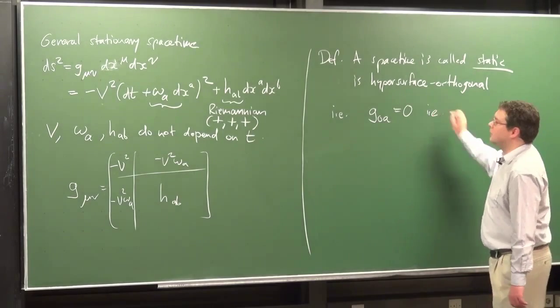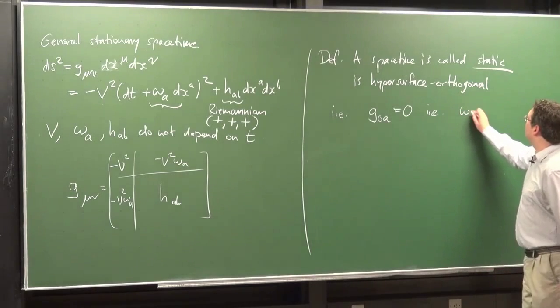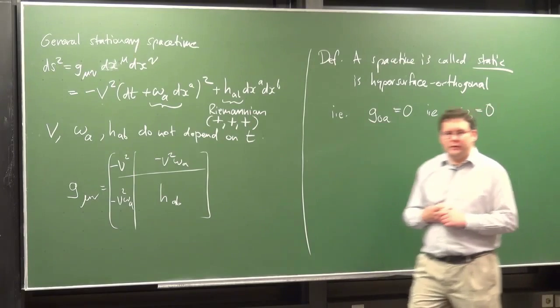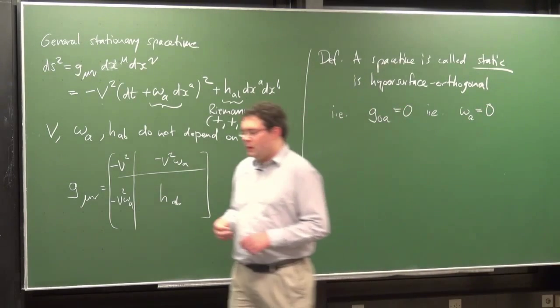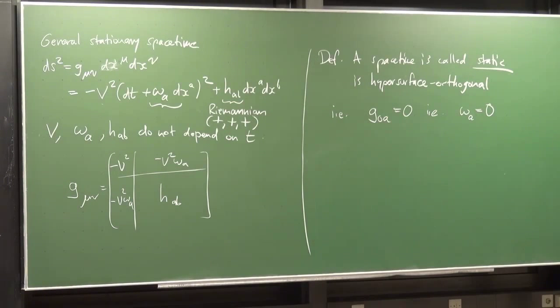So i.e. these components omega a also vanish. These omega a's actually have a nice geometrical interpretation. So they're the spatial part of what's called a twisting vector for the spacetime. Okay, so this is a stationary spacetime and a static spacetime.